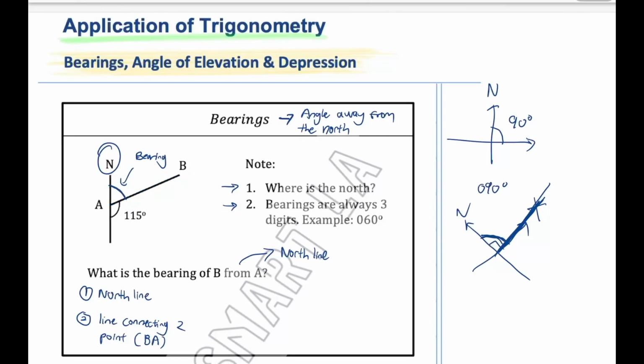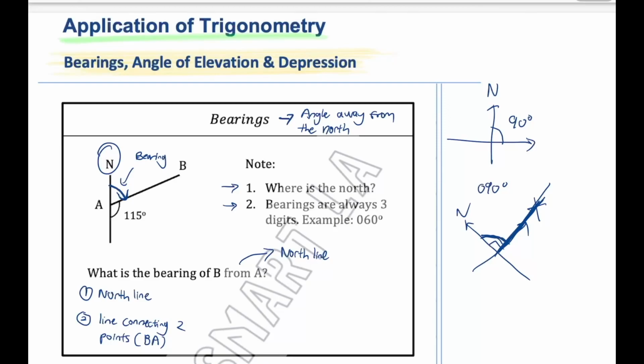All right. So once you have the north line, once you have the line connecting the 2 points that you're concerned about, the bearing is just the clockwise rotation from the north to the line. So in this case, clockwise rotation from the north to the line. So that's why this is what I want to find.